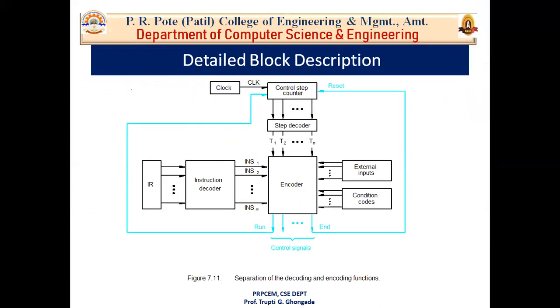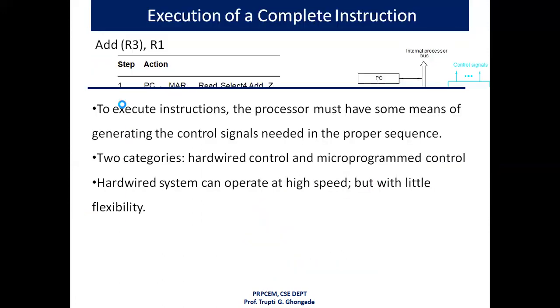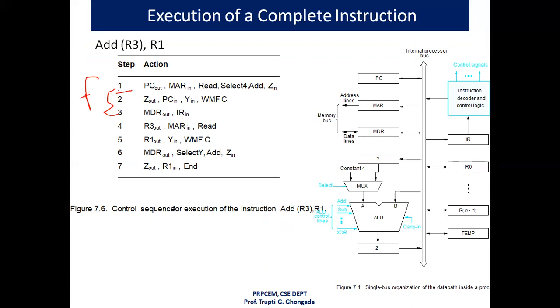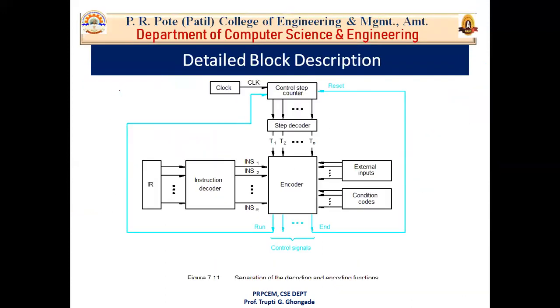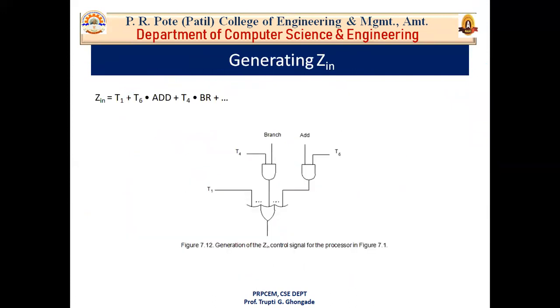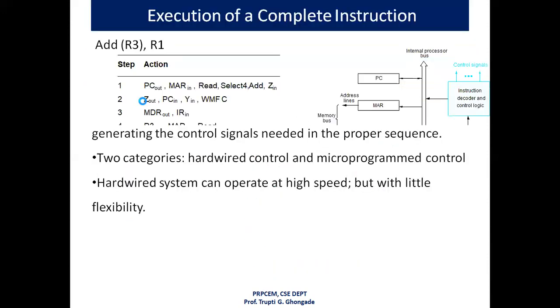Where is Z in? In step 1 we have Z in. That's why this one is written as T1, that means clock cycle 1 or time slot 1. After that, plus T6 into add. Now what do we have to perform with Z in? We have to perform the add operation.